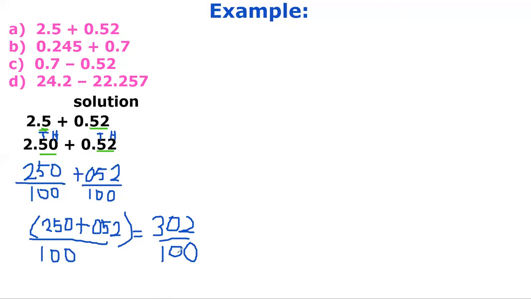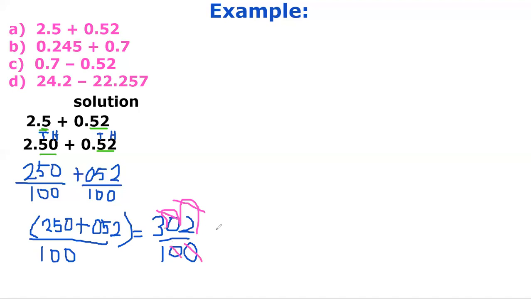Because it's divided by two zeros here, or 100, we start our movement from the back and make only two movements. So 1 and then 2. Each movement will cancel 1 zero. So the point will be here.